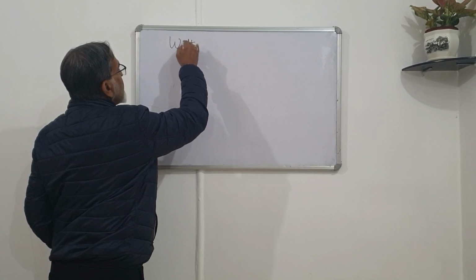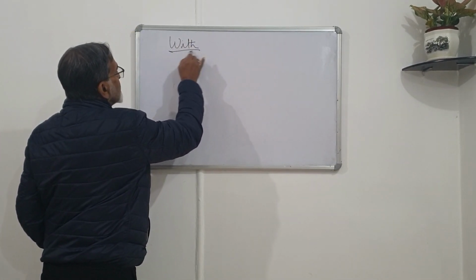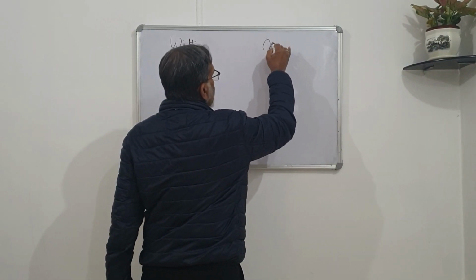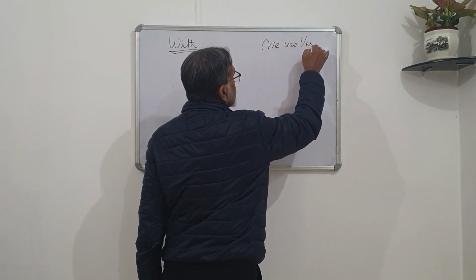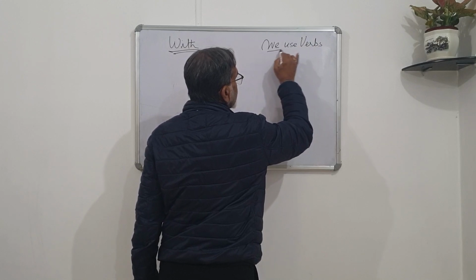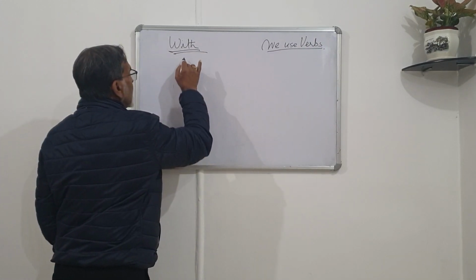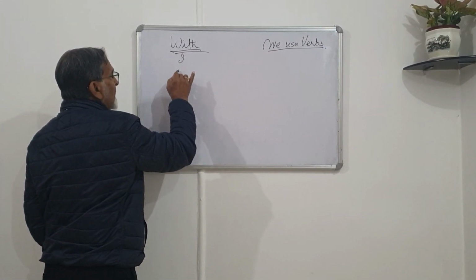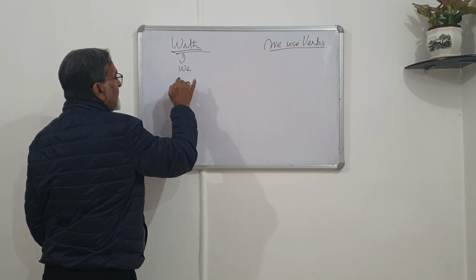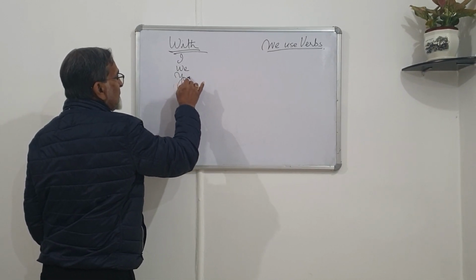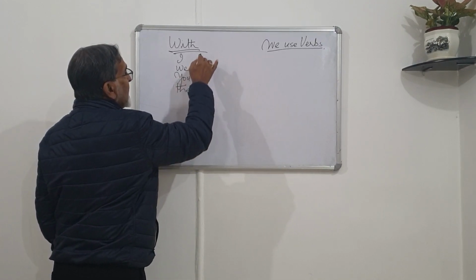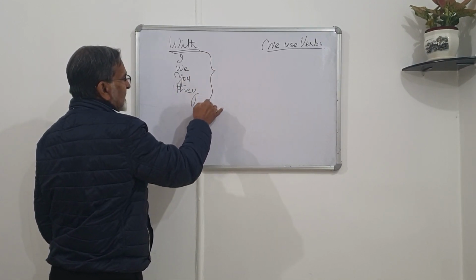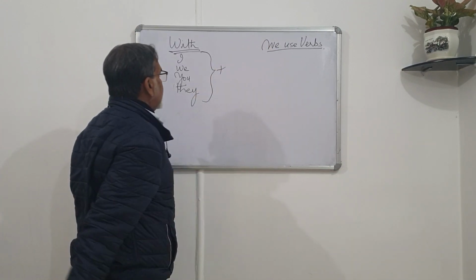With I, we, you, they, what verbs do we use?